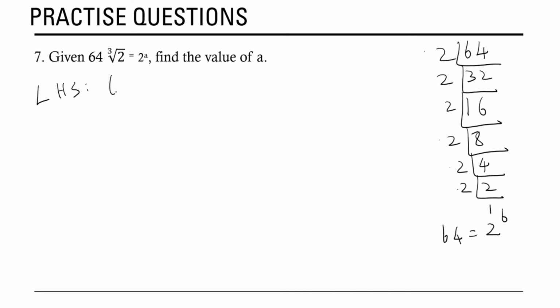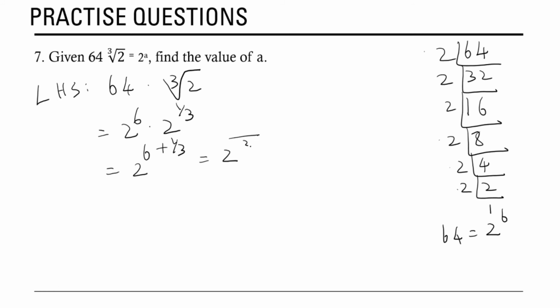Now I am taking the left hand side. The left hand side is 64 into cube root of 2. This is equal to 2 raised to 6 into 2 raised to 1 by 3, because cube root of 2 is 2 raised to 1 by 3. So this is equal to 2 raised to 6 plus 1 by 3. So 2 raised to, I am taking the LCM as 3, 18 plus 1 by 3.